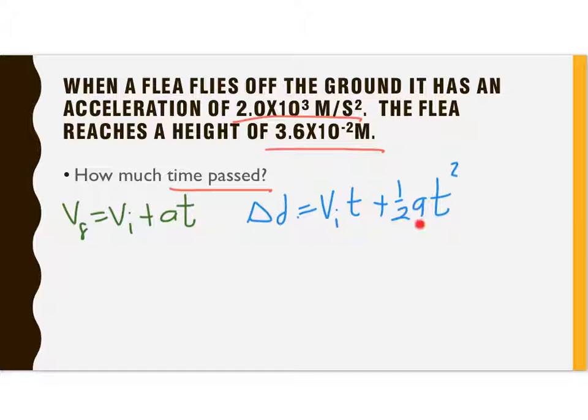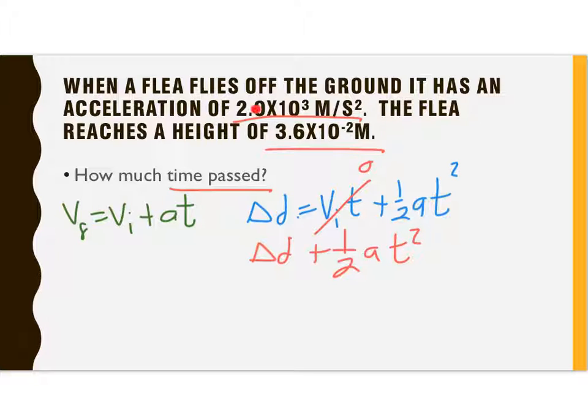The reason that this is a better choice than the other is because whenever I eliminate my Vi, because it's 0, I have delta d equals 1/2 a t squared, and if I'm solving for my time, I would do the algebra.